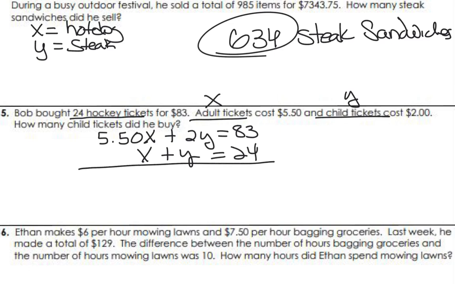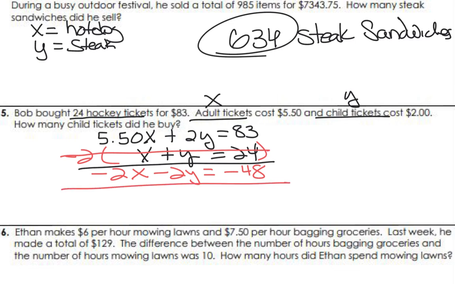Okay, so now let's eliminate. I like dealing with whole numbers instead of decimals, so we're just going to multiply this by -2. So I get -2x minus 2y equals -48. So now we're going to add my two remaining.